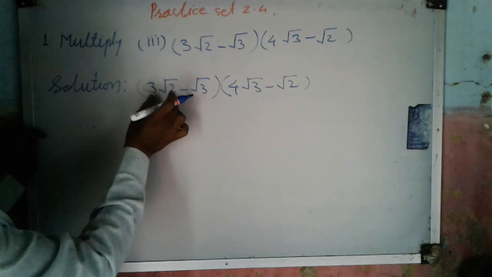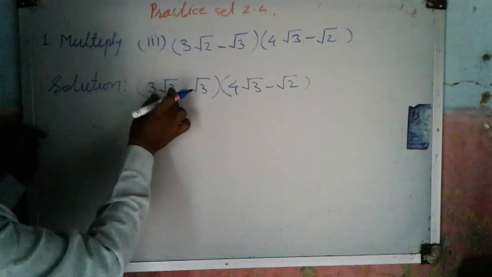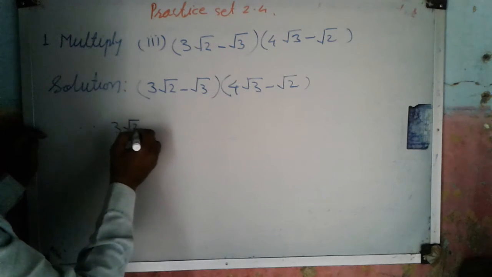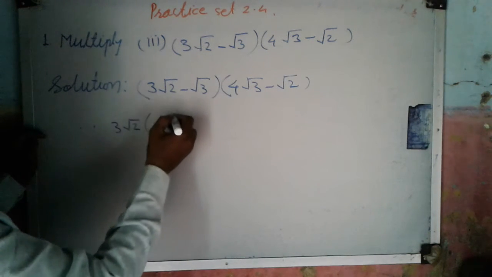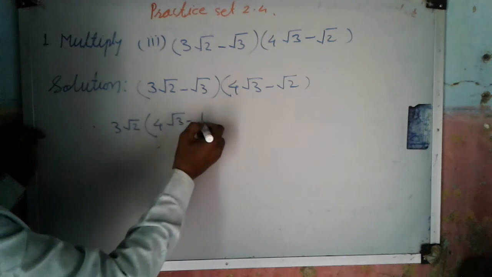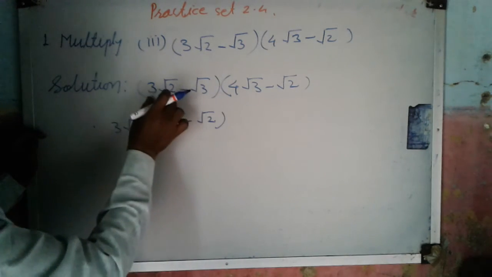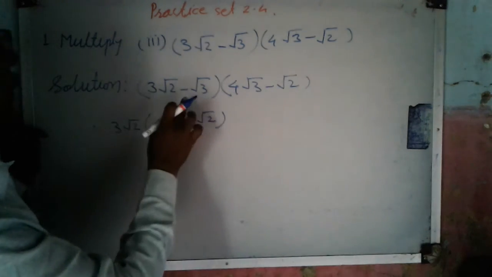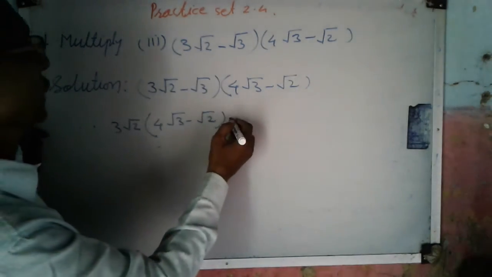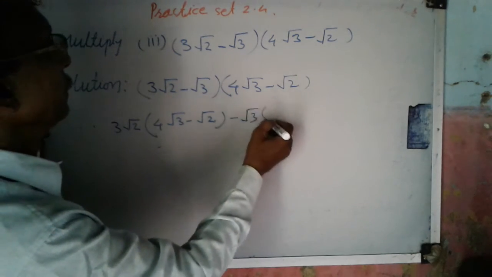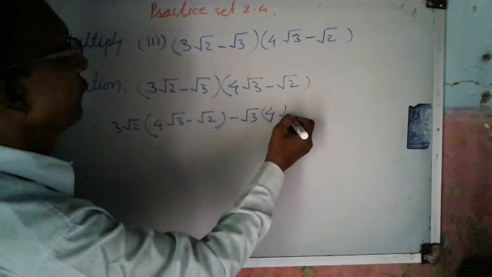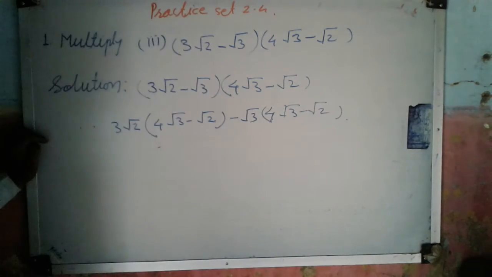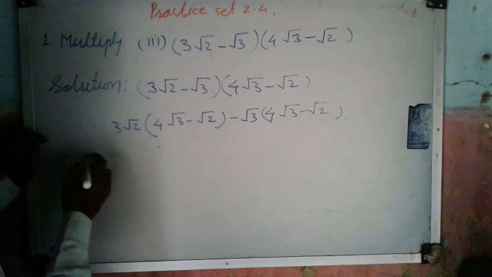First we will multiply 3 root 2 to the second bracket, 4 root 3 minus root 2. Now we will multiply minus root 3 to the same bracket, 4 root 3 minus root 2. Now we will solve these brackets.